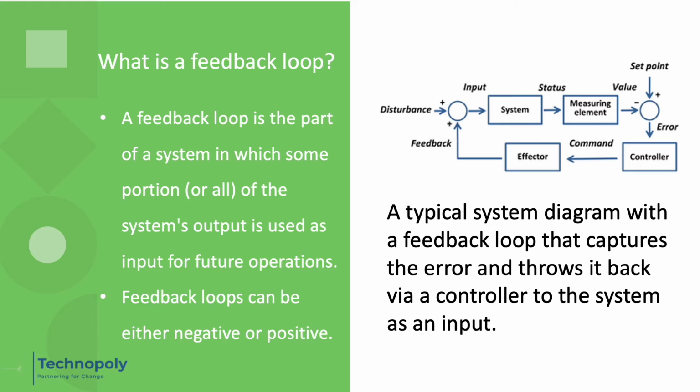When we talk about a feedback mechanism, we can use a simple system diagram that captures a loop from the time an action is done and the corresponding effect of the action that is being handled by a controller and eventually pushes back as an input to the system. Feedback loops, as they will now be implied, can either be negative or positive.